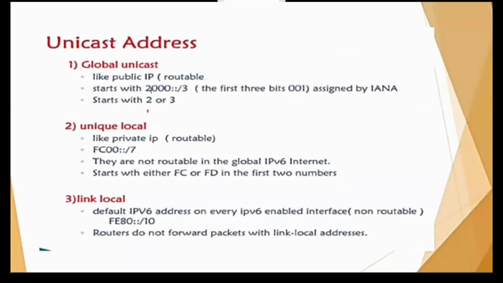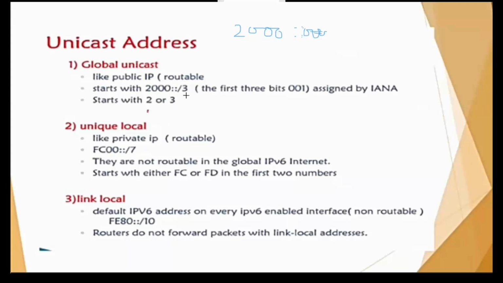If I show you, here we have 2000, then column, and double column means what? All the fields after that are set to 0. That's the meaning of a double column.